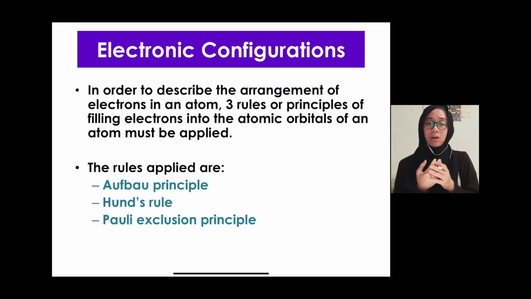Aufbau is actually not a scientist name. It is a German word for building up. Meanwhile Hund and Pauli are scientist names. So again, I want to emphasize, please spell correctly, because if you spell incorrectly, automatically your answer is incorrect.